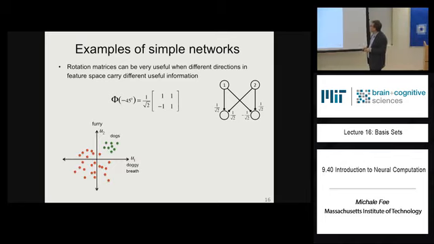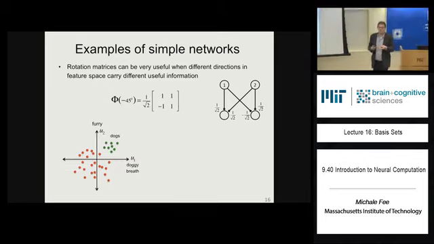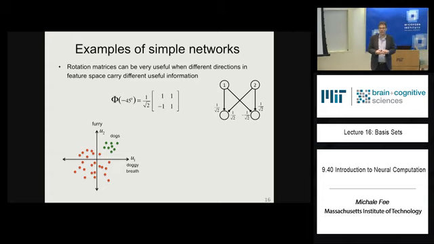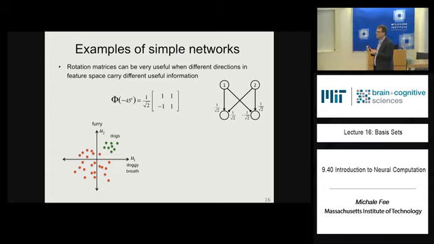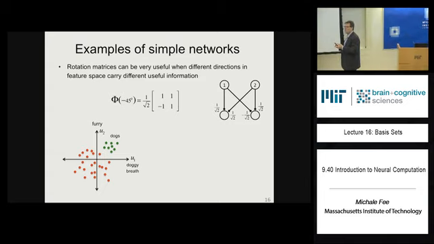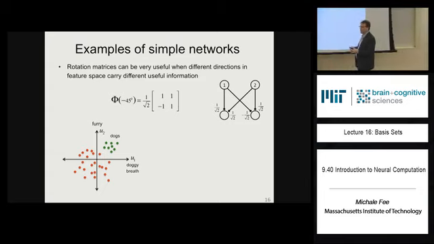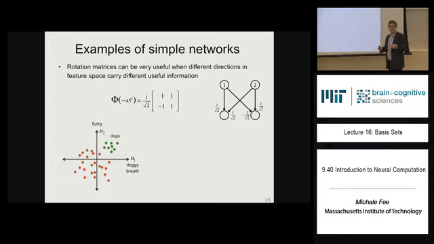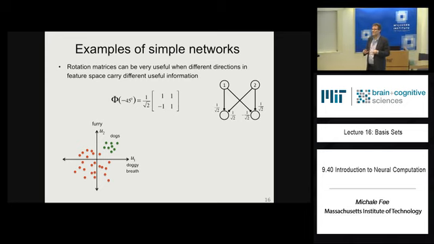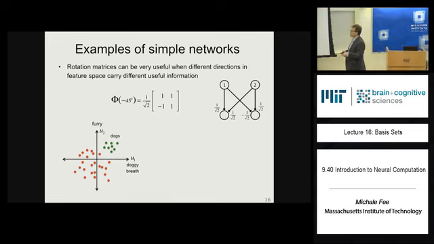Okay, so why would you want a network to do rotations? Well, this solves exactly the problem that we were working on last time when we were talking about our perceptron, where we were trying to classify stimuli that could not be separated in one dimension, but rather can be separated in 2 dimensions.